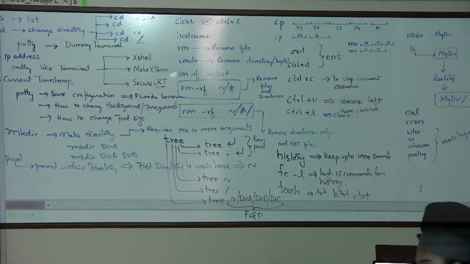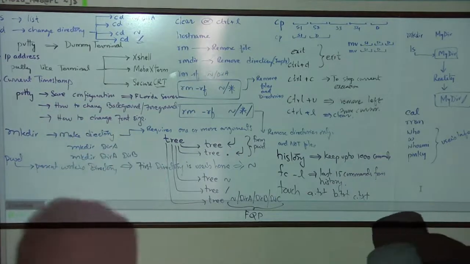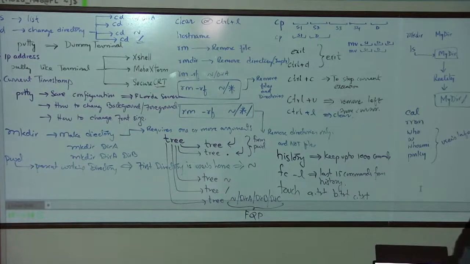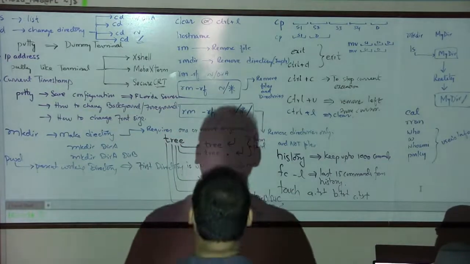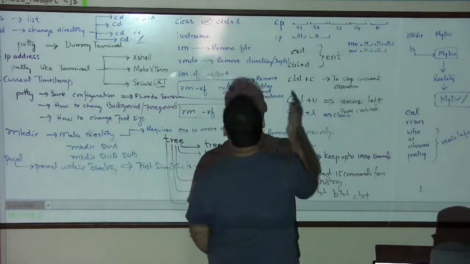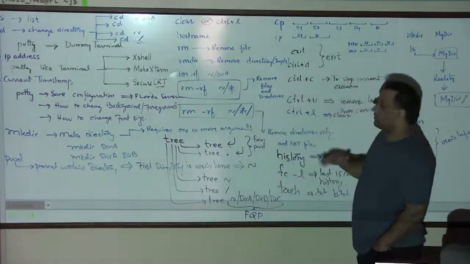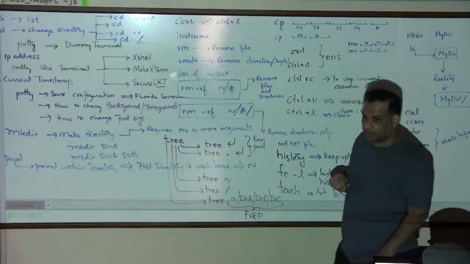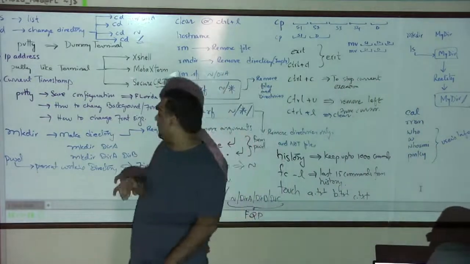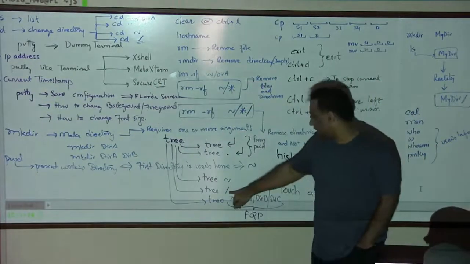I want to know what this is. Because I type tree and I hit enter. Yeah, so to stop the current execution, what can you do? Control C, right? If it is going and you don't want to wait, you want to stop, then Control C. Because I think what you executed was this.